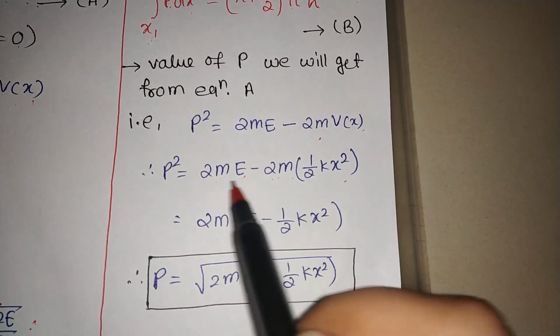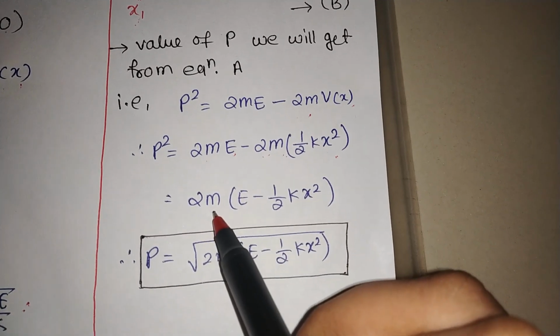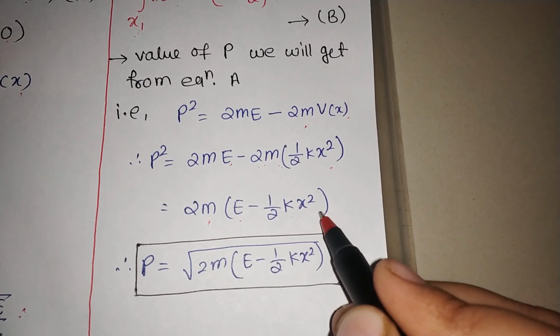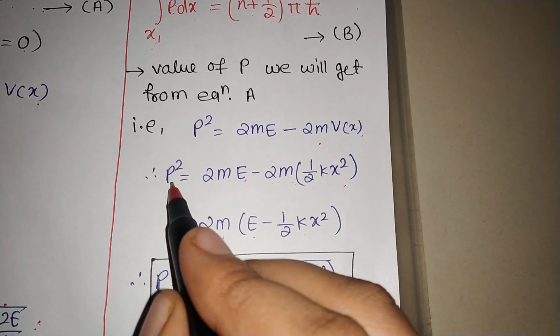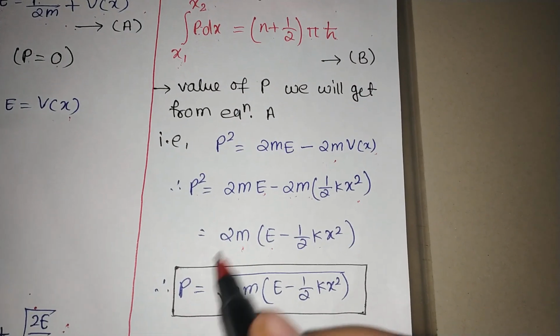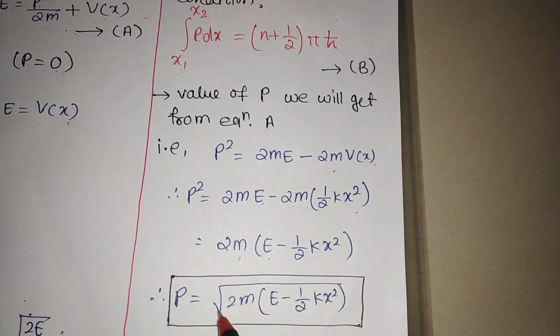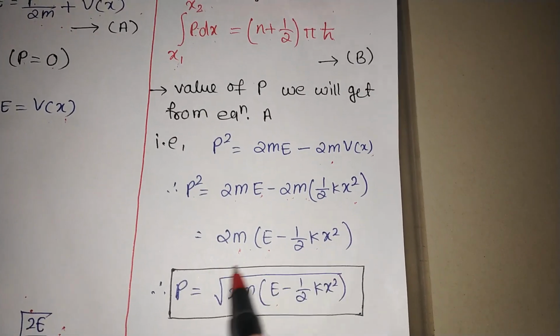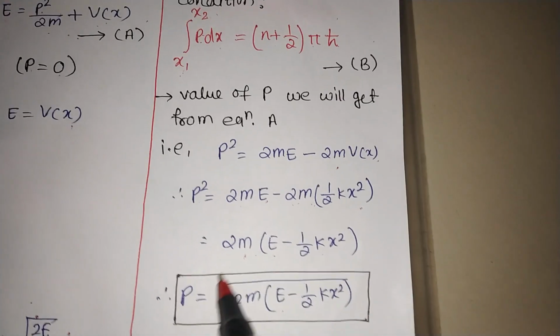Now 2m is common in both, so we can take it outside: E minus half kx square. Here we have p square, so we need the value of p. On the right side, p will be root of 2m times (E minus half kx square). So we have got the value of momentum.